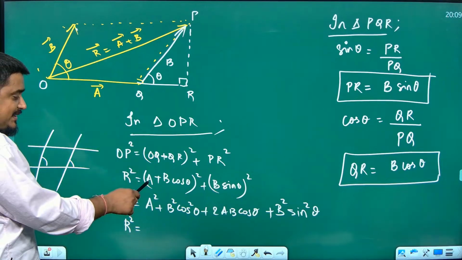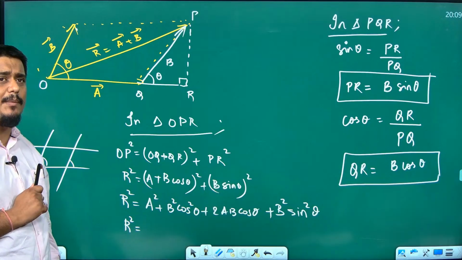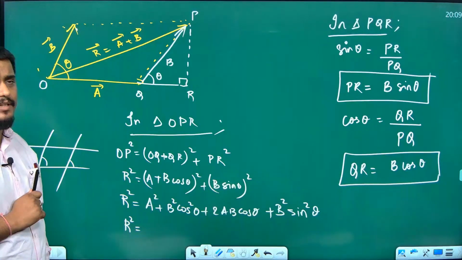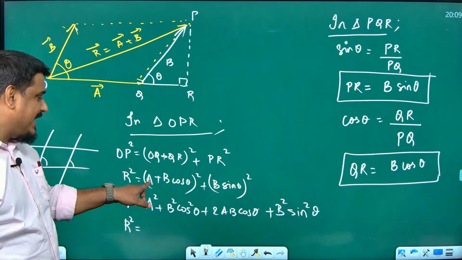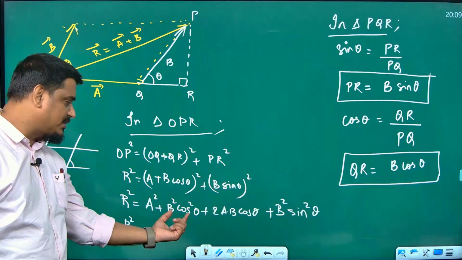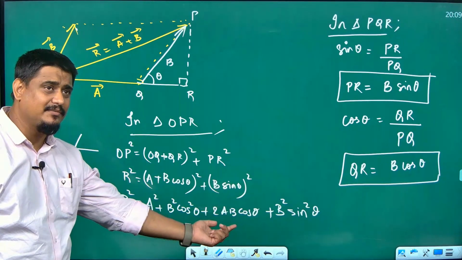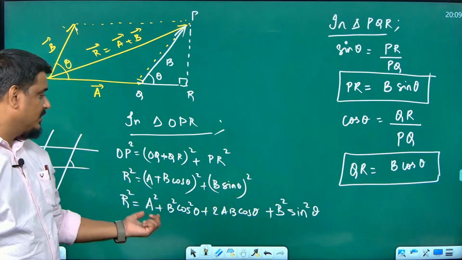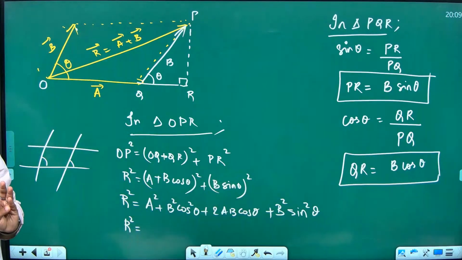This is A plus B the whole square, which will become A square plus B square plus 2ab. Right, Karthikeyan? Yes, sir. Here A is A and B is B cos theta. So A square plus B cos theta whole square plus 2 into A into B cos theta. Right? Yes, sir. And B sin theta square will become B square sin square theta, right? I hope you have understood.